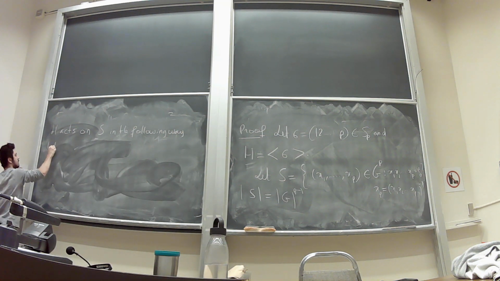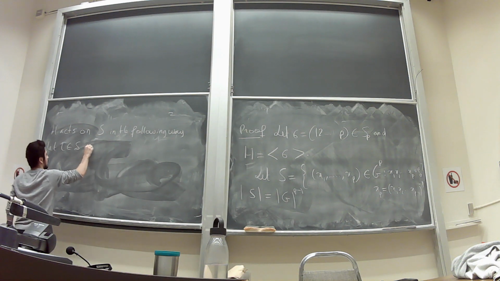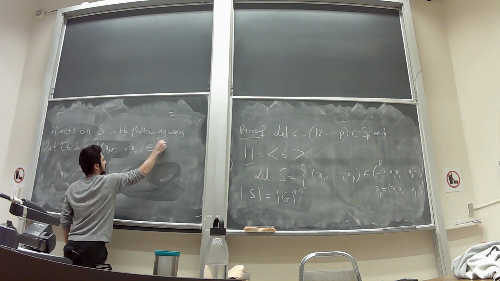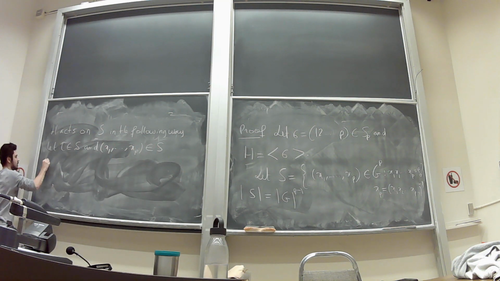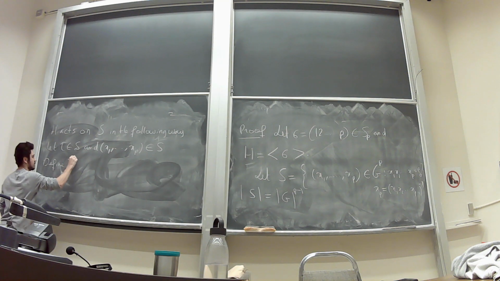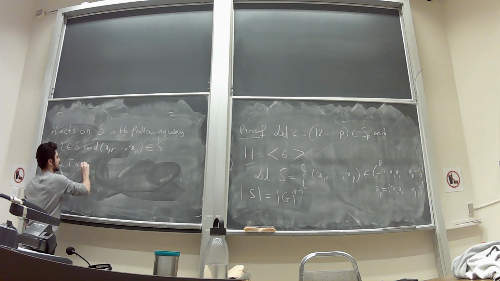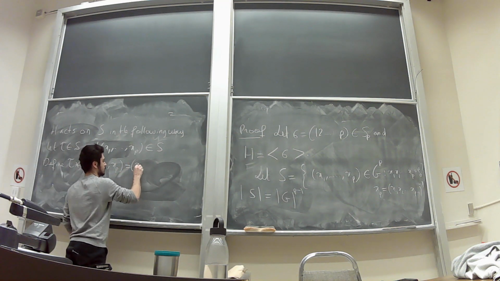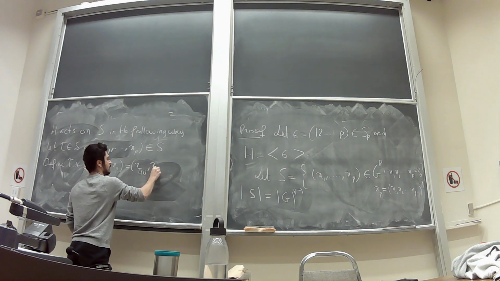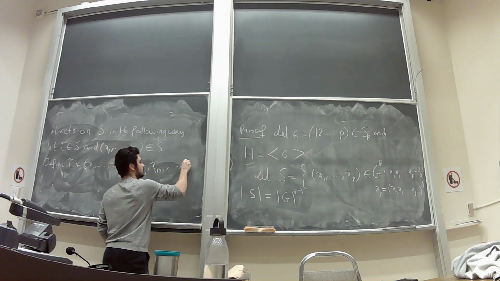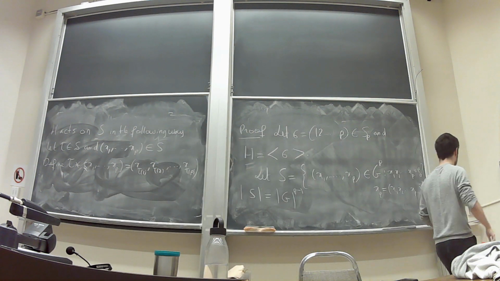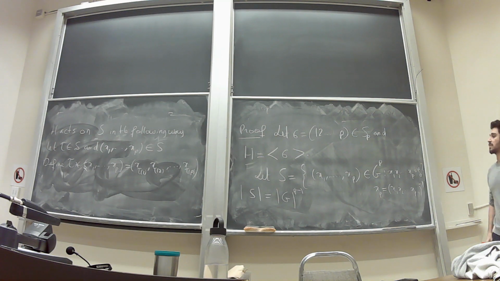Let tau be in H, and (x1, ..., xp) be in S. Define tau star (x1, ..., xp) to be just (x_tau(1), x_tau(2), ..., x_tau(p)). Basically, this is just the action of tau on 1, 2, 3, ..., p. Okay?